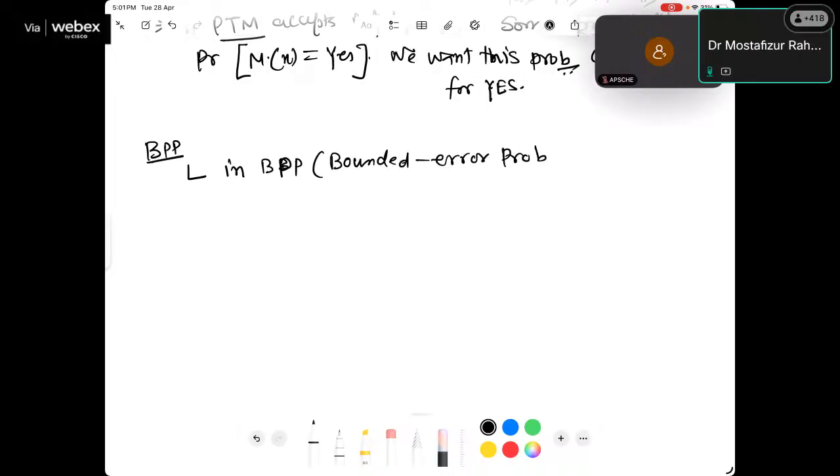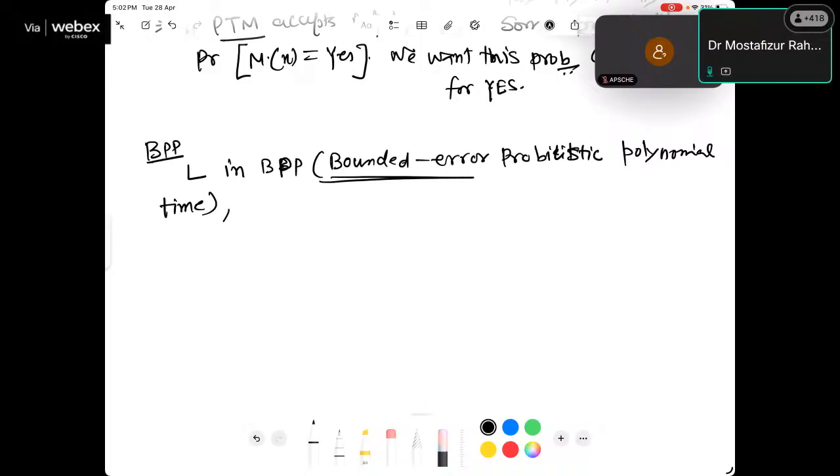Earlier, in the case of DTM and NTM, we haven't seen this term. But in the case of the probabilistic Turing machine, we have the bounded-error probabilistic polynomial time algorithm. This is the short form BPP.